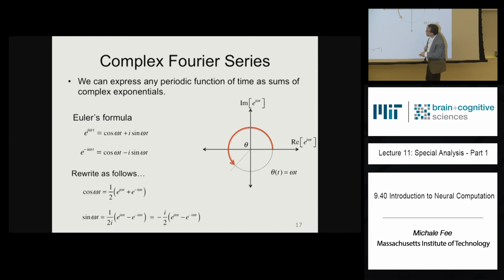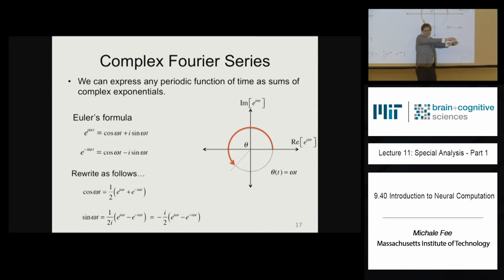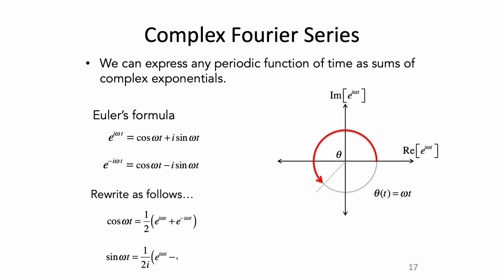And you can see that in order to represent a cosine, I need to have, okay, let's see if I can do this. Here's my plus frequency going around this way. Here's my minus frequency going around this way, okay? And you can see that I can represent a cosine if I can make the imaginary parts cancel, right?